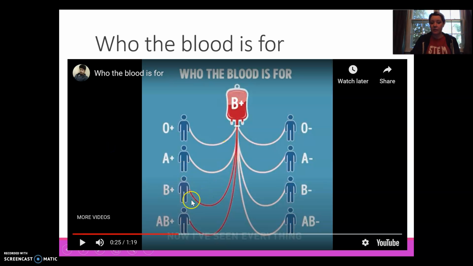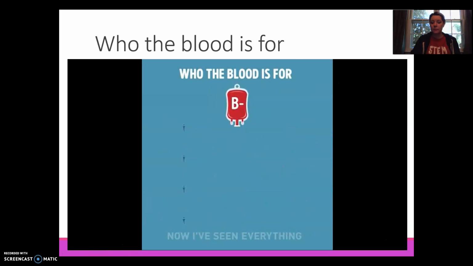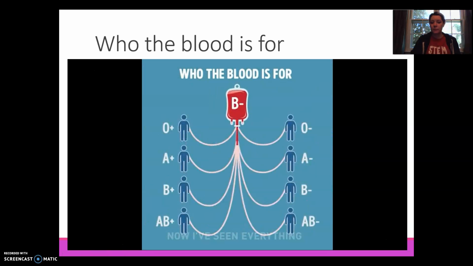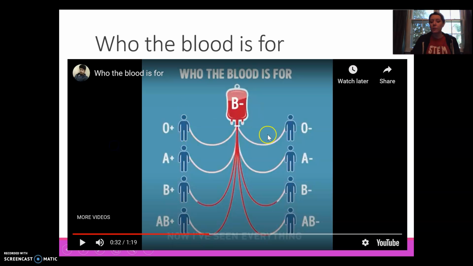So B can give to B and AB if it's positive. And then B negative can give to AB and B, positive and negative.